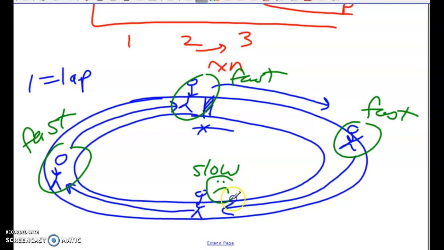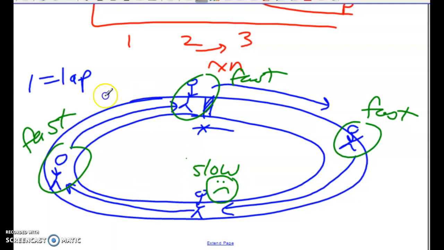They're not really slow, they're just slower than the other people. They need to train a little bit more. So when we want to speed up our lap, the fast people have already trained. They're good to go. They're as fast as they're ever going to be. But if we train this slow person and get them to be faster, we can speed up the whole thing.